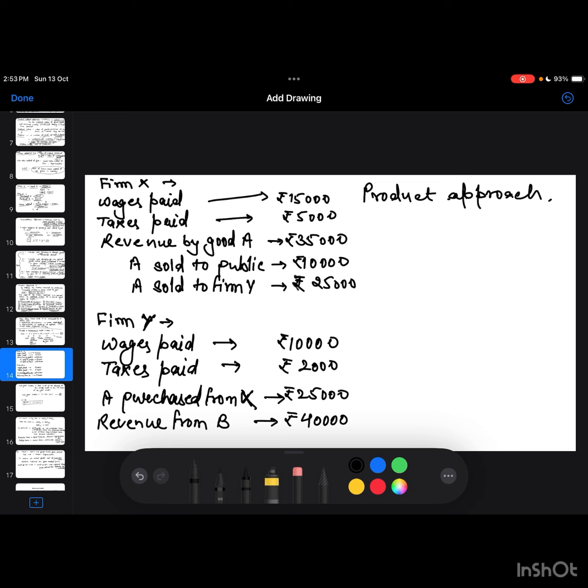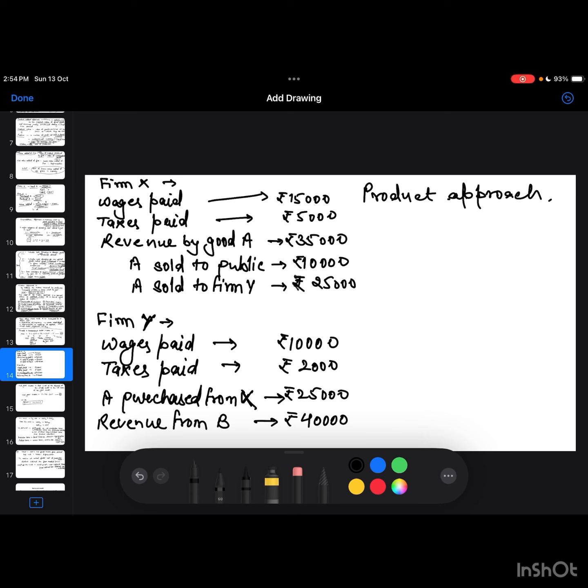Here firm X and firm Y are the two firms. Wages paid by the firm X is 15,000, taxes 5,000, revenue from the good A that firm X produces is 35,000. It is total.